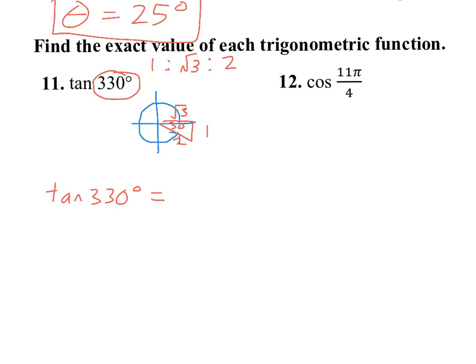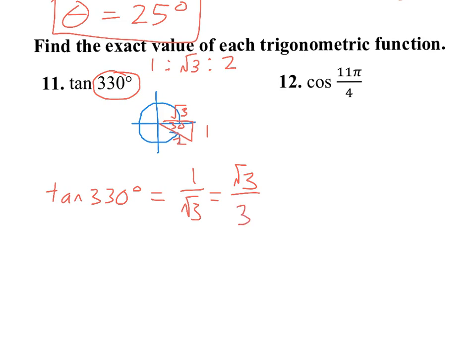So it's difficult to visualize a triangle with a 330 degree angle. It's actually impossible. So instead of doing 330 degrees, we use what's called a reference angle, 30 degrees. Okay, so we go across from 30 degrees, opposite over adjacent, then we rationalize.